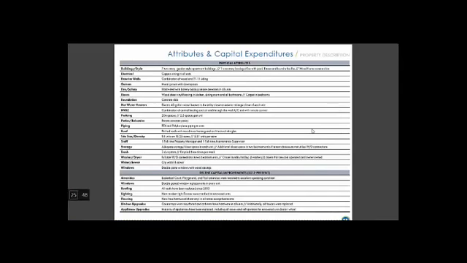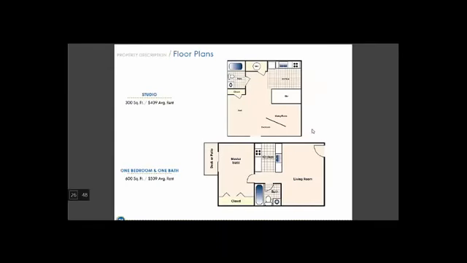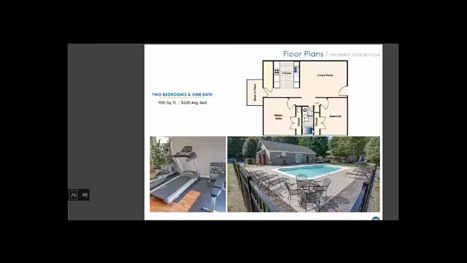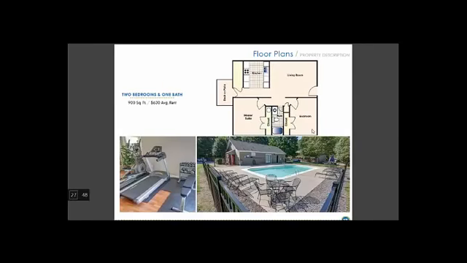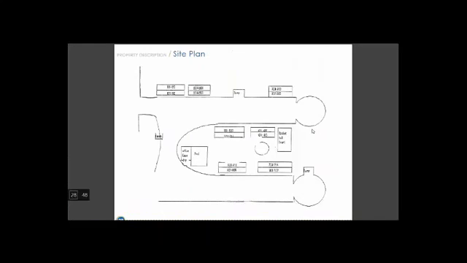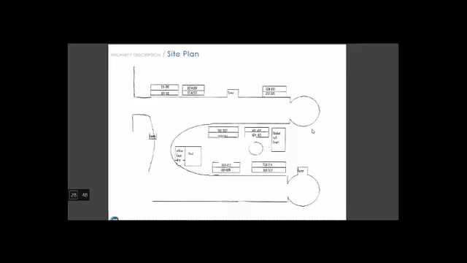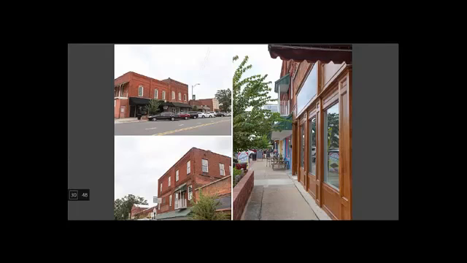Great. Physical attributes. I'm not going to go through all of this with you right now, folks. Good stuff. Here's some nice studio, 1 bed, 1 bath, 2 bed, 1 bath. Nice crystal pool. If you haven't noticed, folks, everything has a crystal pool. Then let me see. This shows you the site plan. Poorly laid out. Beautiful, pretty.